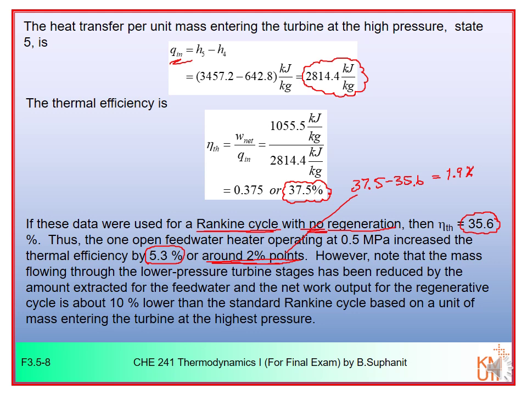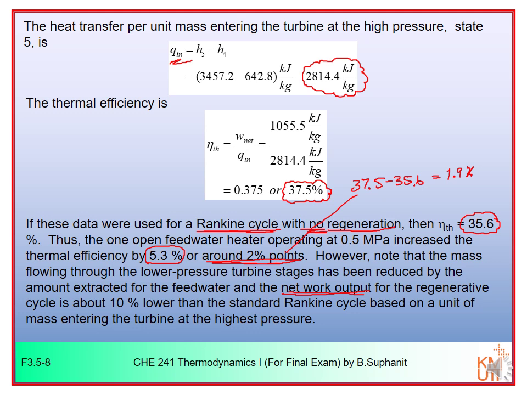That is quite a lot for the power cycle or the steam cycle. But you improve efficiency with the sacrifice in the net work output. The net work output would be reduced because you extract some amount of steam for the regenerative scheme.